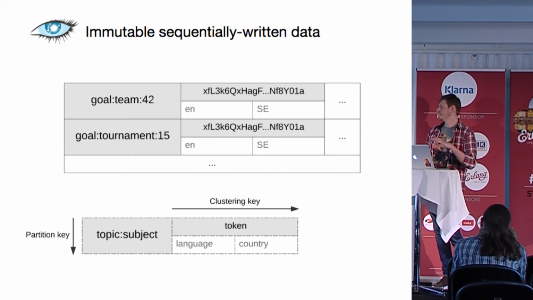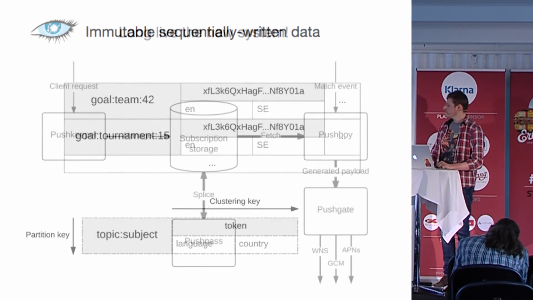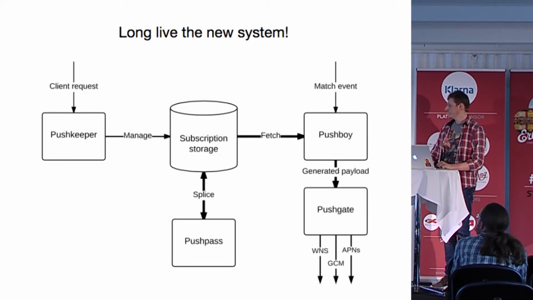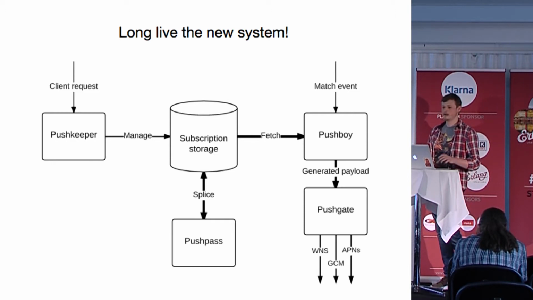We call this splicing, when we understand that this is actually one event, and this happens before pushing. This push path thing is responsible for doing splicing. It basically understands when in this match this user subscribed to these two kinds of topics. We understand it's only one, and this happens before the match, and then pushboy doesn't know anything about any topic except match. It only fetches match subscribers.